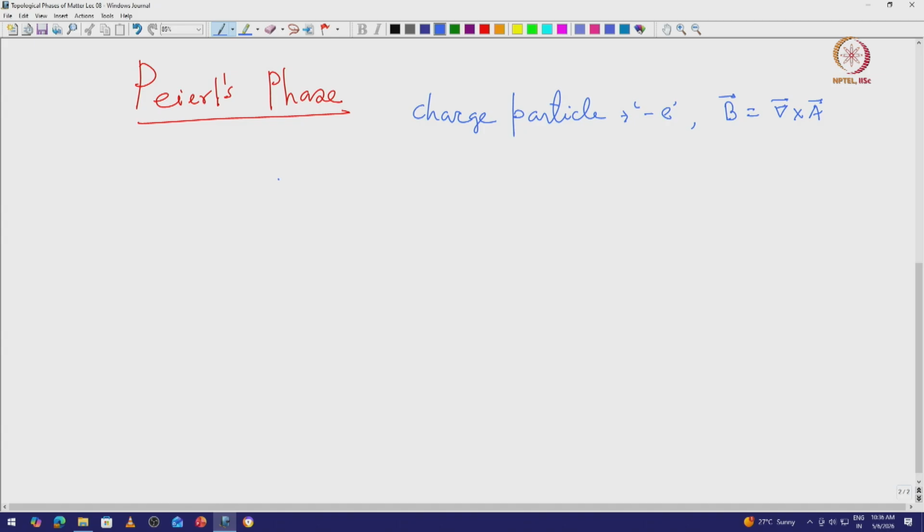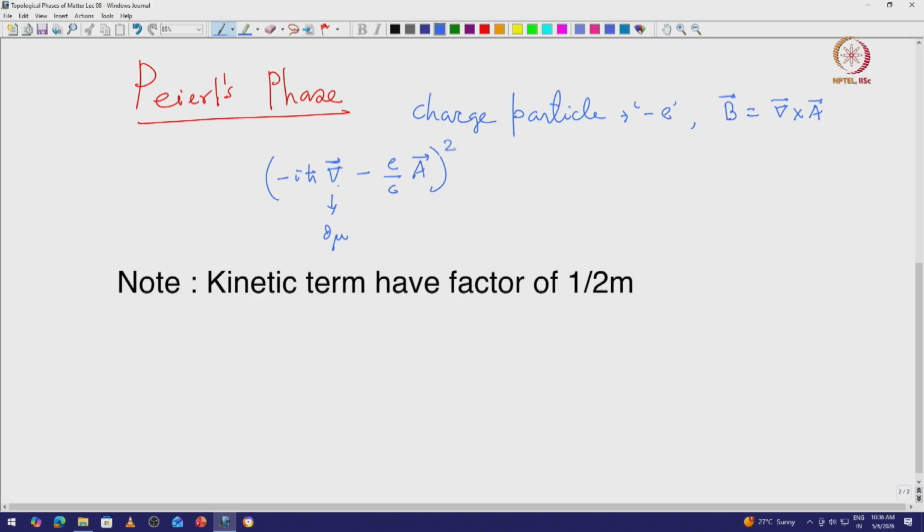So, we get i ħ ∂_μ, the partial derivative, the component of nabla, and then the connection, and here the connection being e/c. Earlier we used q and then the vector potential. This is the canonical momentum operator acting on ψ(r).